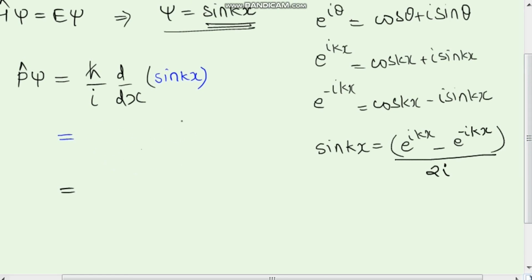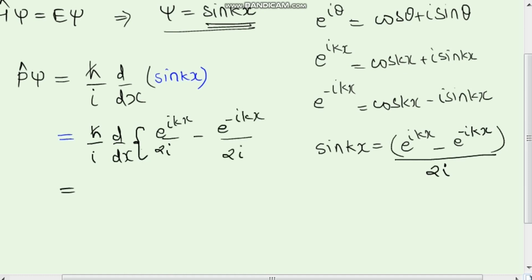So instead of sine kx, I'm going to solve these equations, d by dx. And instead of sine kx, I'm going to write e to the power i kx by 2i minus e to the power minus i kx by 2i. Differentiating each one time, you will get, first, 1 by 2i as it is, e to the power i kx is e to the power i kx.